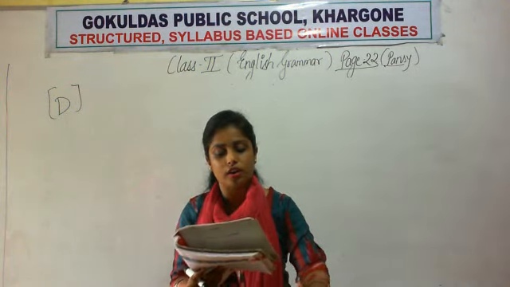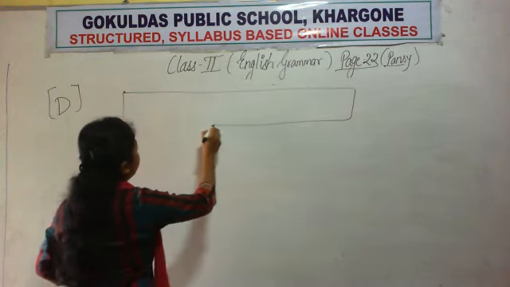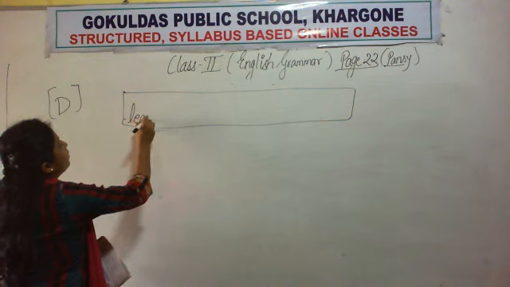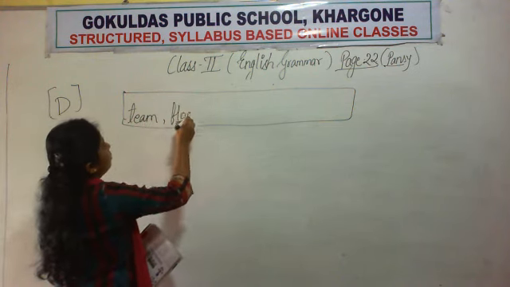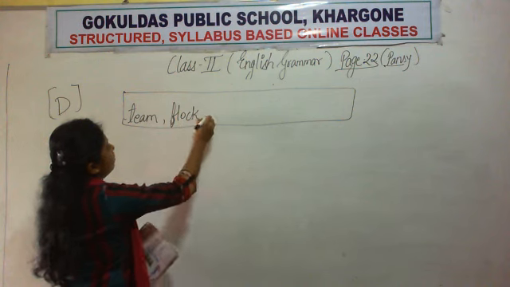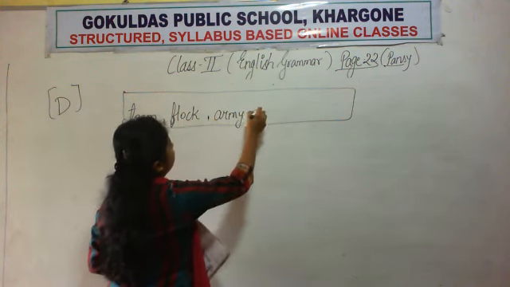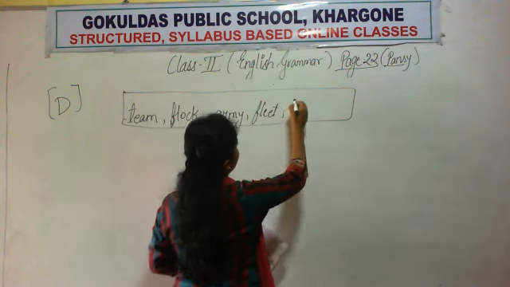Choose करना है. देखो, see you have given here the help box. Okay. In the help box, collective nouns are written: team, flock, army, fleet, bunch and bouquet.